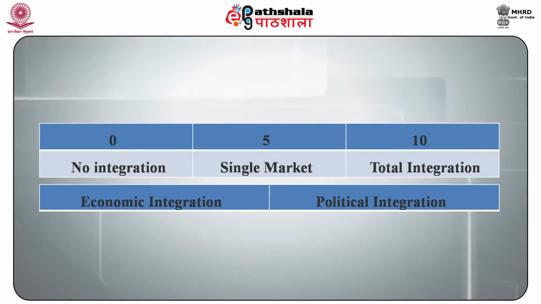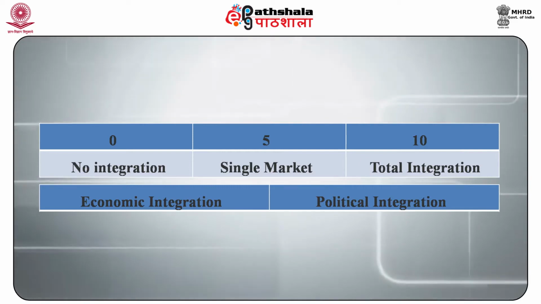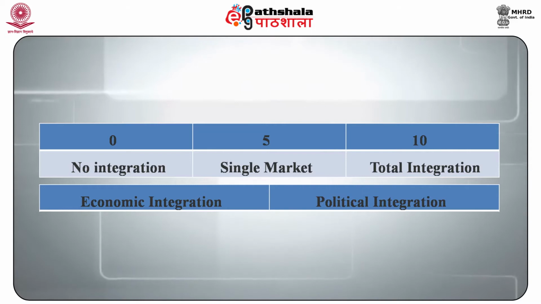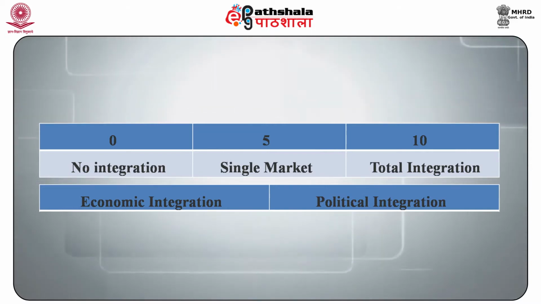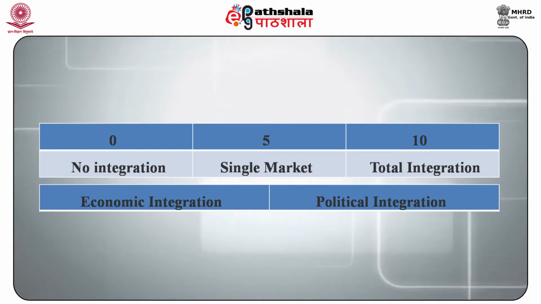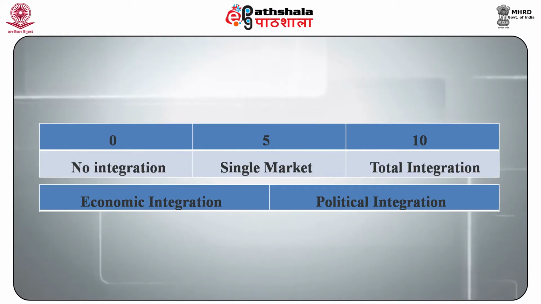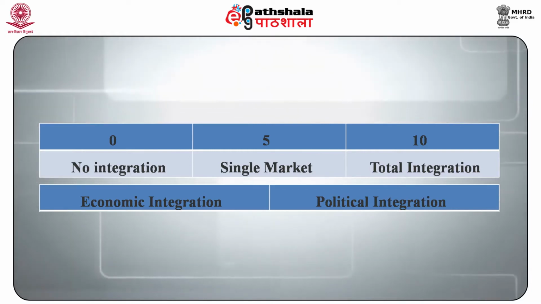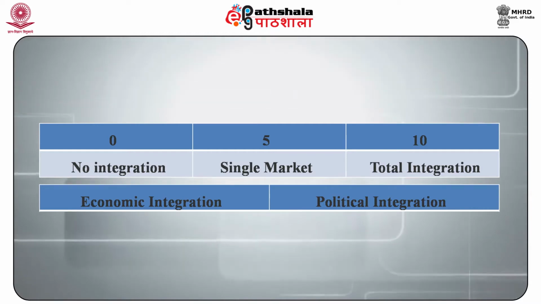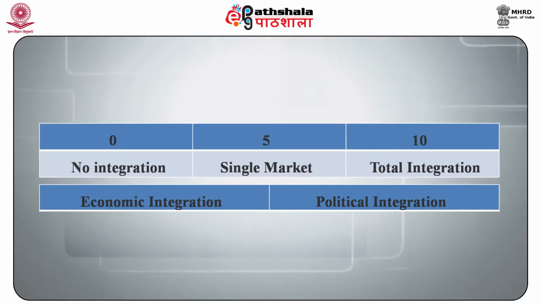This means that the integrating states would actually become a new entity when total integration takes place. No integration would be a level when there is no such policy of integrating the states implemented.